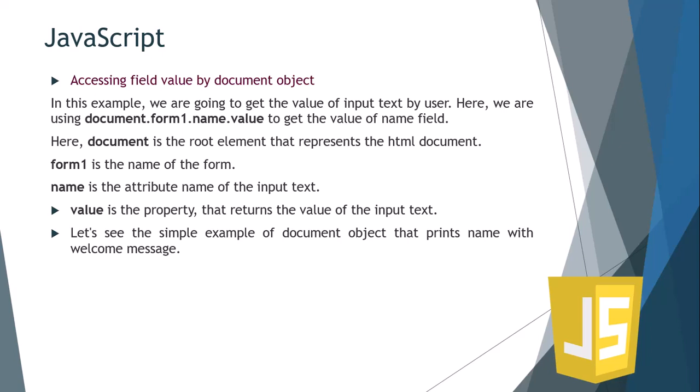Here, document is the root element that represents the HTML. Form1 is the name of the form, and name is the attribute name of the input. And value is the property that returns the value of the input text.